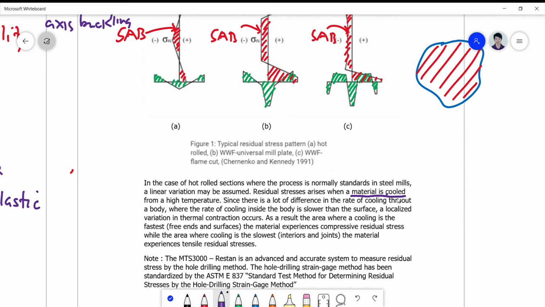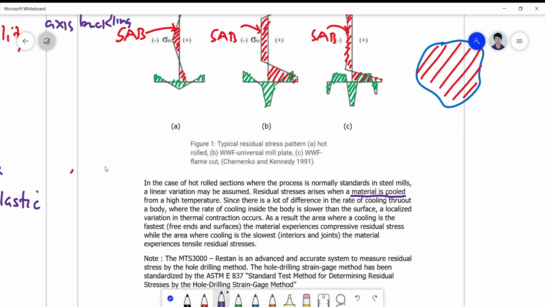And we take note that in general, when the rate of cooling is lower, then the tendency for the material particle at that point will have a positive residual stress, or a tensile residual stress.